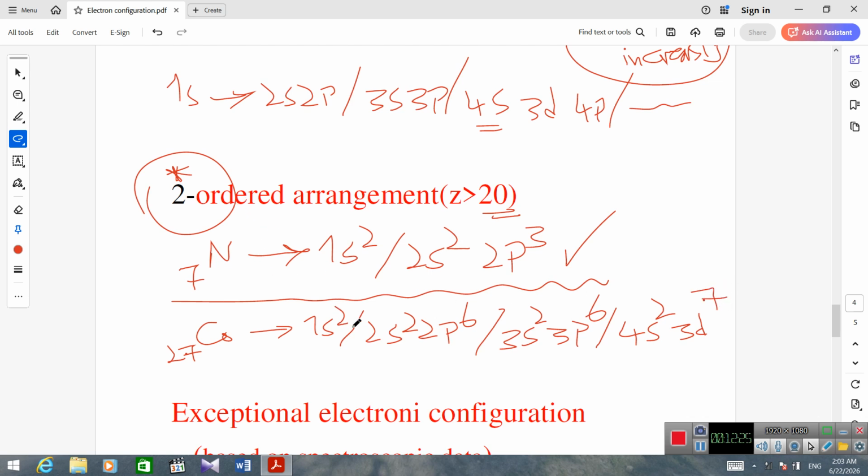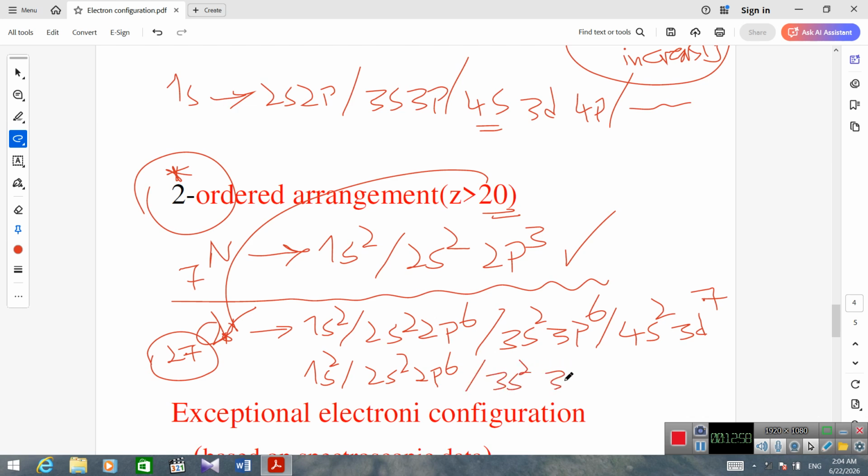But the most important thing is, because the atomic number is bigger than 20, we must order the electron configuration. As a result, in this case, we have ordered arrangement like this. We must write 1s2, 2s2, 2p6, 3s2, 3p6, 3d7 and 4s2.